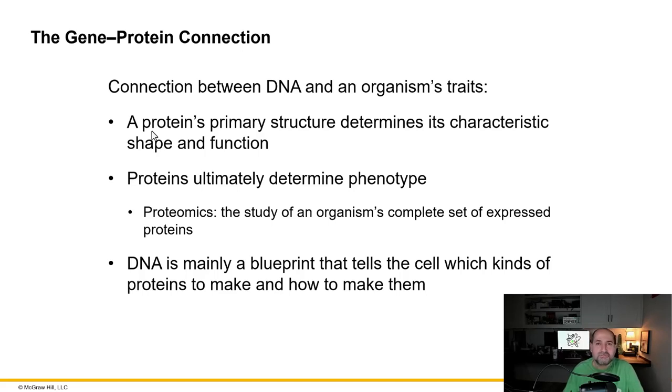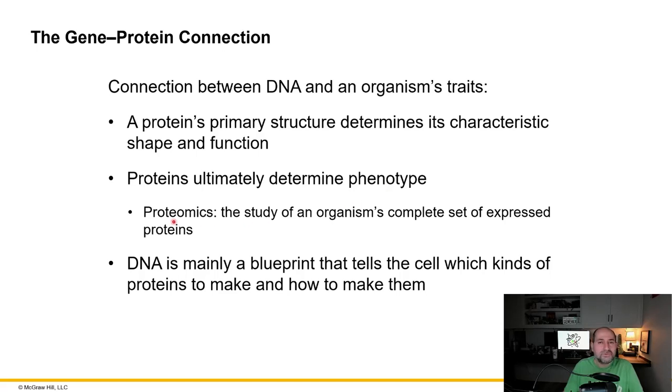So you can think of it as proteins are what really give you your traits, but the only reason your cells know how to make those proteins is by having the genes and expressing those genes into proteins. So if that's true, then proteins ultimately determine your phenotype, how you look, what traits you have.